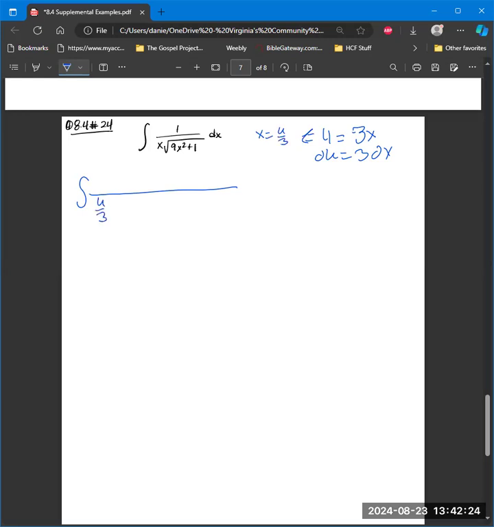So u over 3 square root of 9 times u squared over 9 plus 1. And dx up here is going to be du over 3. So I'm going to multiply here by 3 over 3 to get rid of these divided by 3's. And that changes us into du over u square root of u squared plus 1.